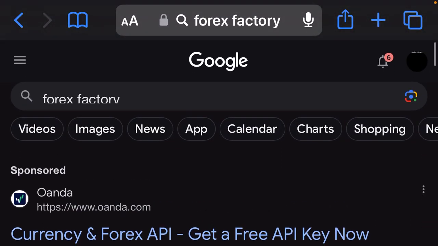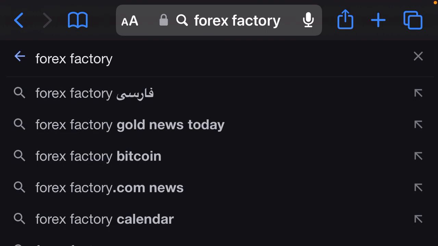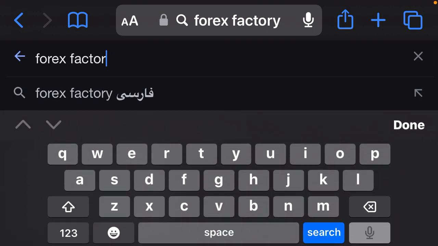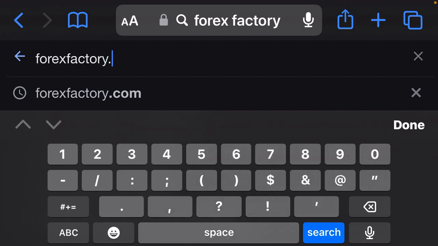Hold on, let me type it in here again. forexfactory.com.